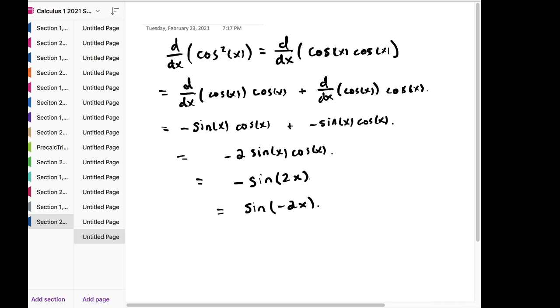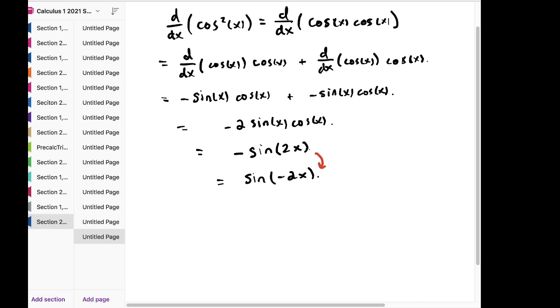Can someone tell me why you can express this as negative sine of negative 2x? Do you remember a property? Yeah, that's true.